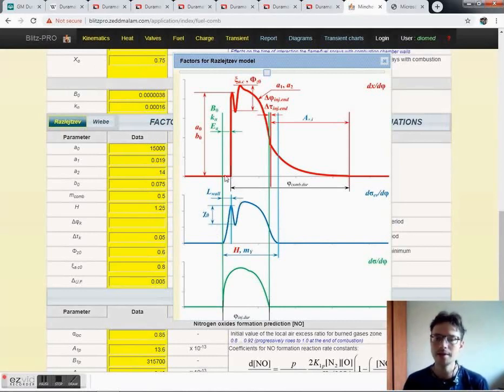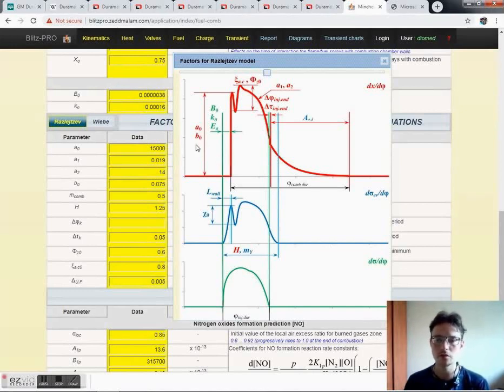And then we can see the speed of fuel combustion. And so many factors just help to control this pattern during the calculations.